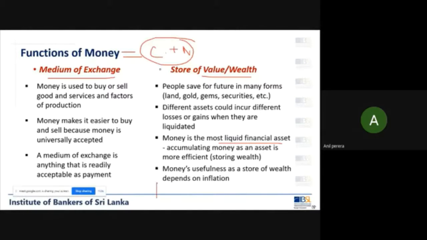You call it purchasing power. Purchasing power could be eroded due to inflation over a period. So that is a kind of a disadvantage, but people try to compensate for this erosion of value of money.